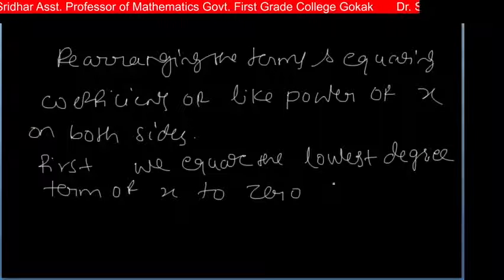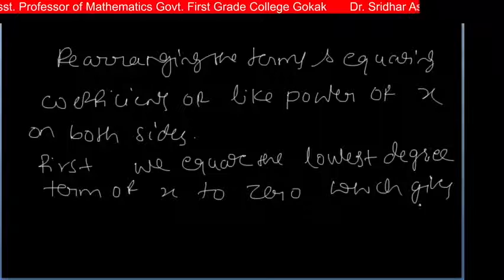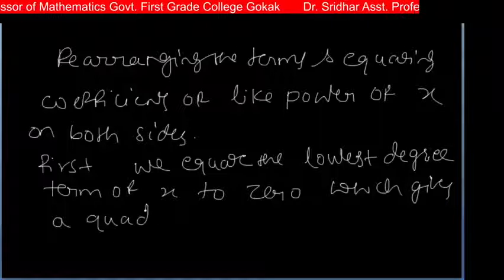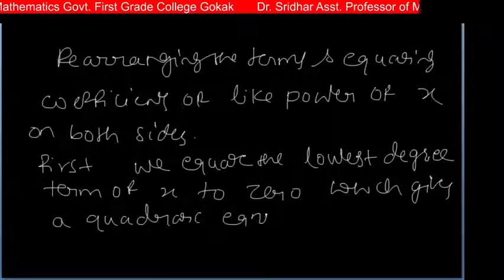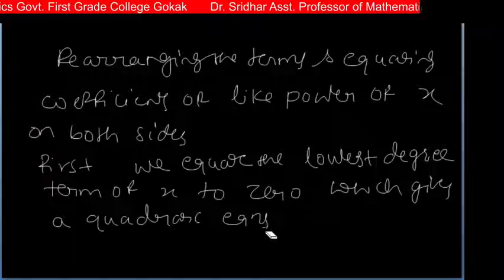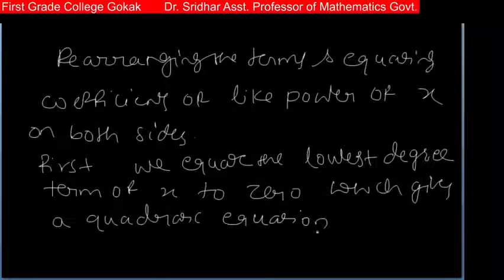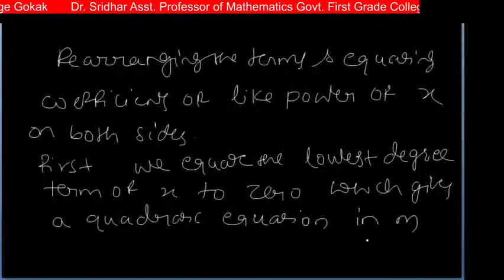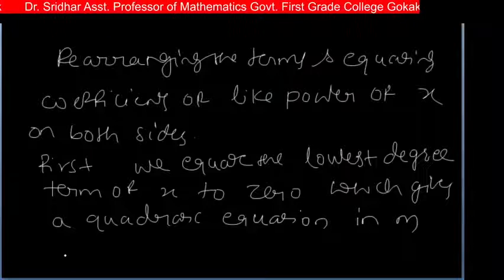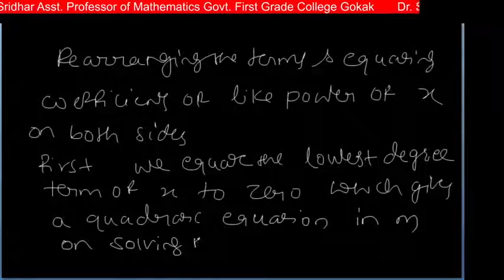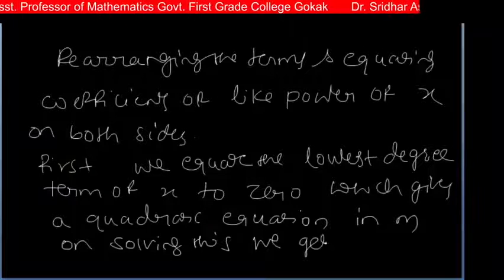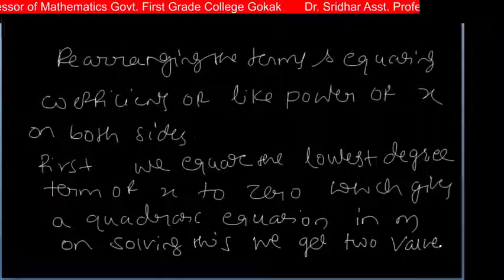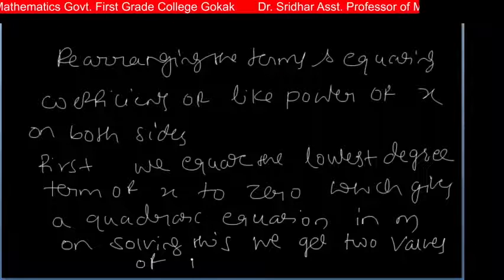Which gives a quadratic equation in m. And then on solving this we get two values of m. Now depending on the values of m, we write the solution.